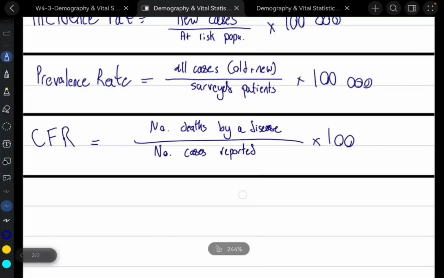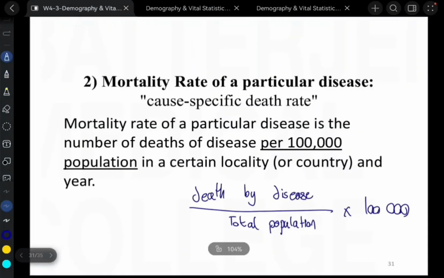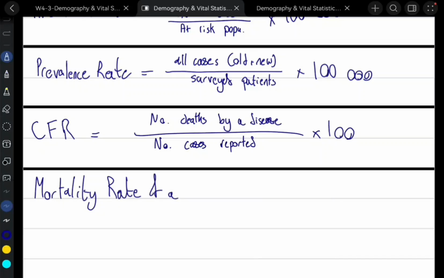Okay, so let's write it here. It's cause-specific death rate, mortality rate of particular disease. Which one do you use? I think cause-specific death rate is better. It's a bit shorter. Or you know what? Let's try the one in bold. Of a specific disease, but I don't want to use the whole thing, right?